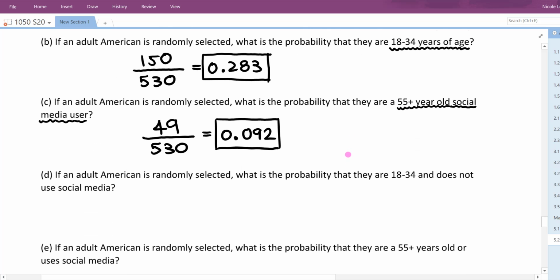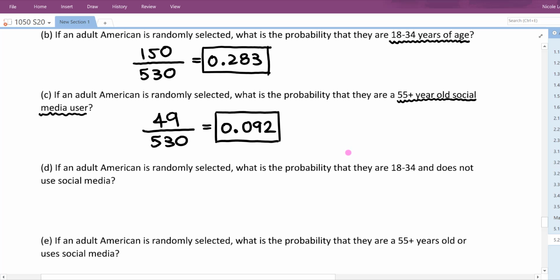Okay, so now looking at part D, very similar to part C, it says, if an adult American is randomly selected, what is the probability that they are 18 to 34 and does not use social media? So that means they have to be 18 to 34 and also not a social media user. If we were to build our fraction, the 530 goes in the denominator.